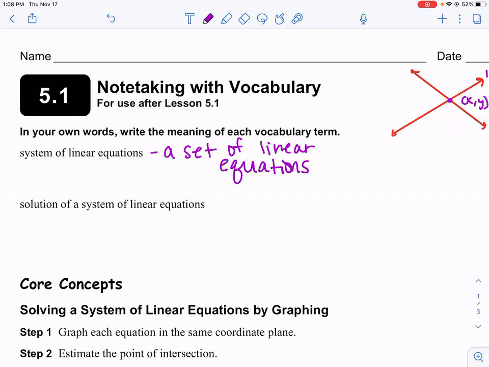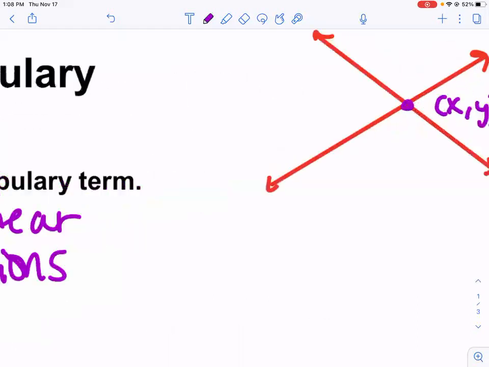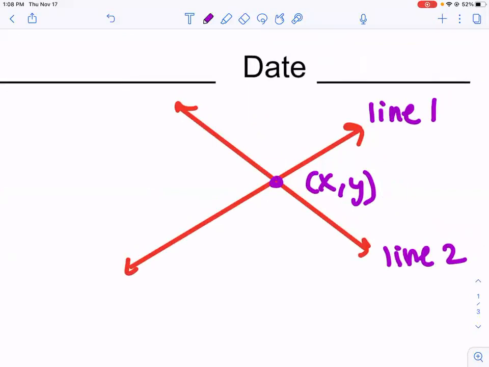A line. So when I say a set, how many am I going to give you? One. More than one. I'm going to give you two. Okay. And if I give you two lines and I'm asking for a solution, what do you think I'm asking for? Where they intersect.